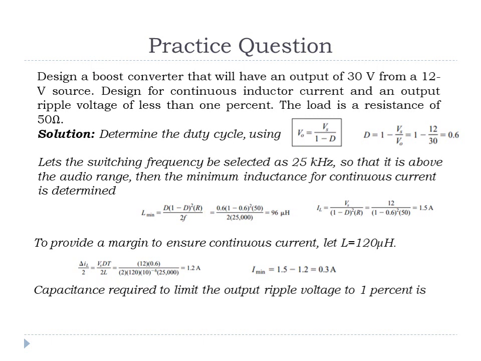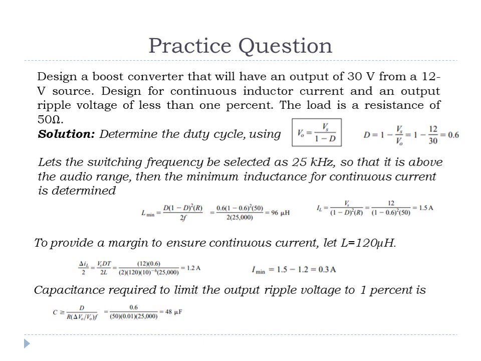Capacitance is to be calculated by limiting the output ripple voltage to 1%. So delta V naught upon V naught equals 1%, that is 0.01. D we know, R is given, and frequency we have taken as 25 kilohertz. So C comes out to be 48 microfarad.